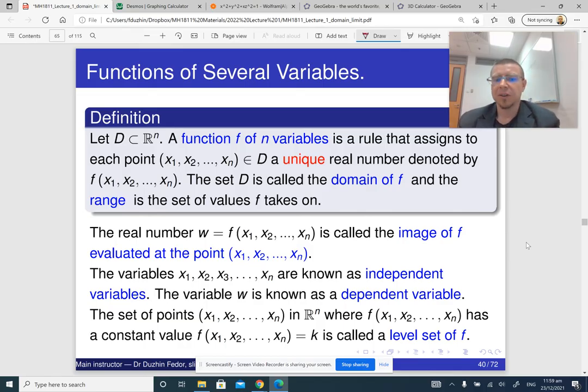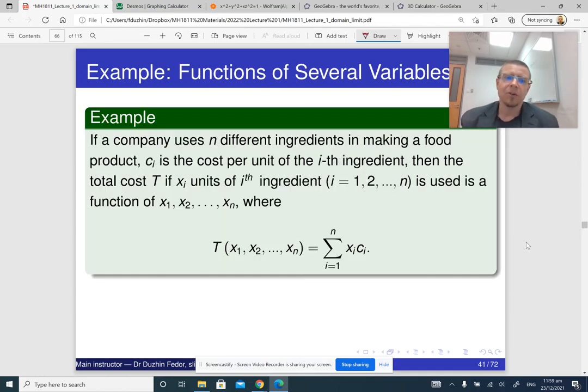So you can think of it just as an abstract device whose input is a lot of numbers and whose output is just one number. So that's basically how it works. And here is a simple example.